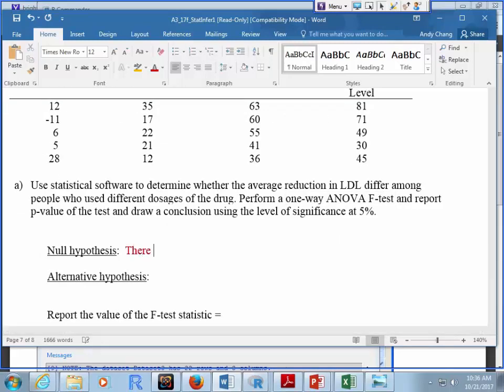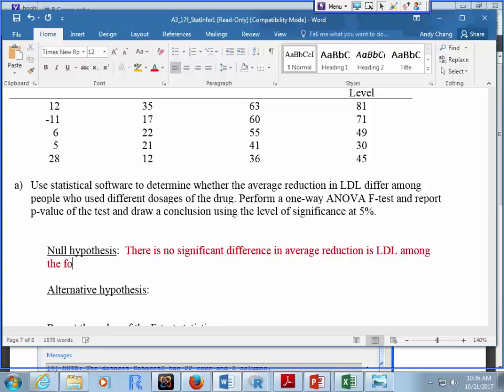So the null hypothesis is: there's no significant difference in average reduction in LDL among the 4 treatment groups, or 4 treatment populations.